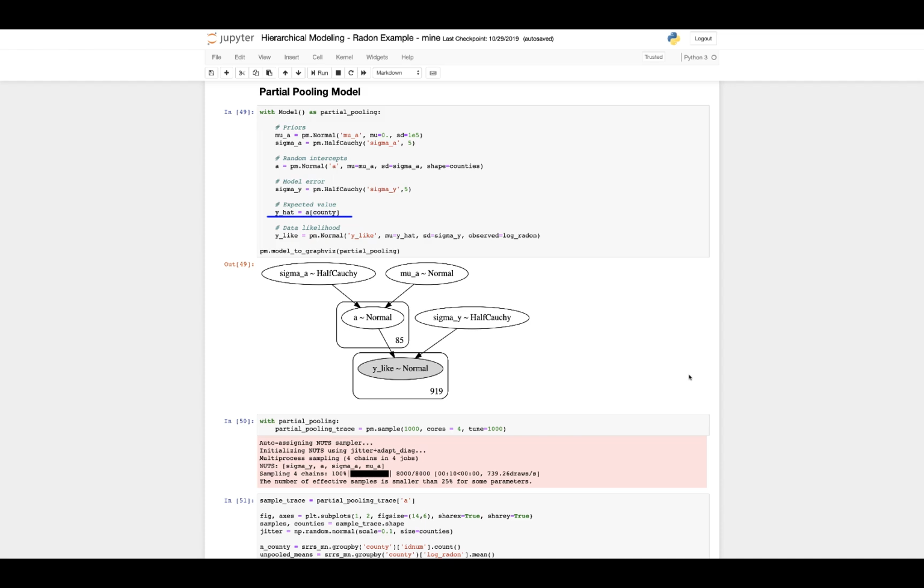It's dependent only on the intercept term. And you can see in this case, the model we have for the intercept uses a Gaussian to represent the model itself. Again, the half Cauchy to represent the variance associated with that parameter, and then a half Cauchy again to represent the variance associated with the model.